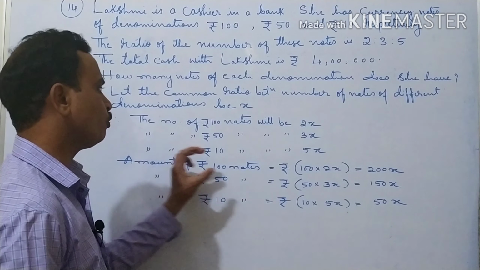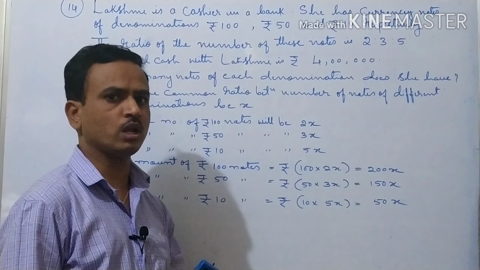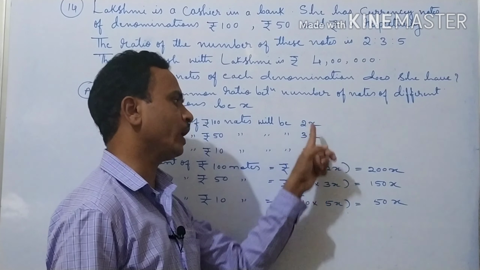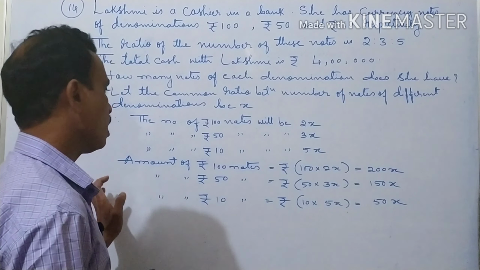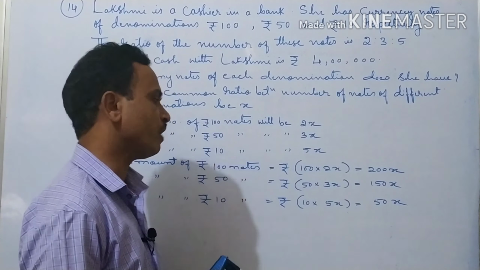Then the amount of rupees 100 notes: rupees 100 into 2x, that is equal to 200x. The amount of rupees 50 notes: 50 into 3x, that is 150x.